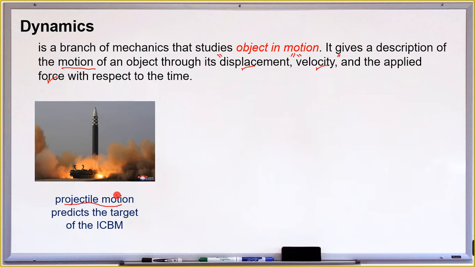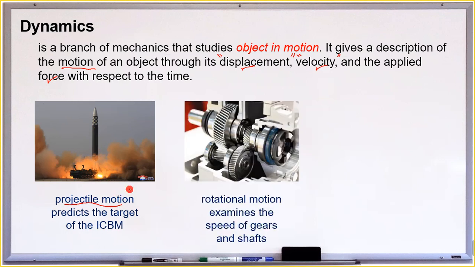Second application that we can see in our surroundings, of course, we have machines. This is very related to our field. So these are gear sets that can be found inside our vehicles. With the principle of rotational motion, we can examine the rotational speed of the shaft relative to the other.